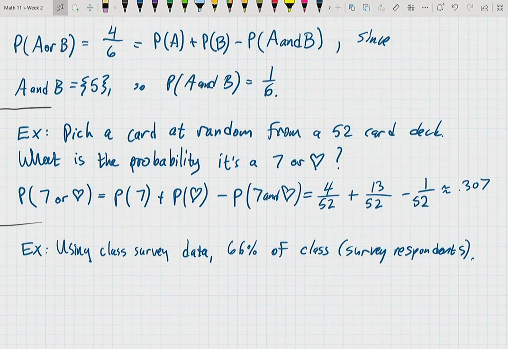Okay, so according to the data, 66% of the class survey respondents are female, and 55% are single. Interesting. 37% are both.